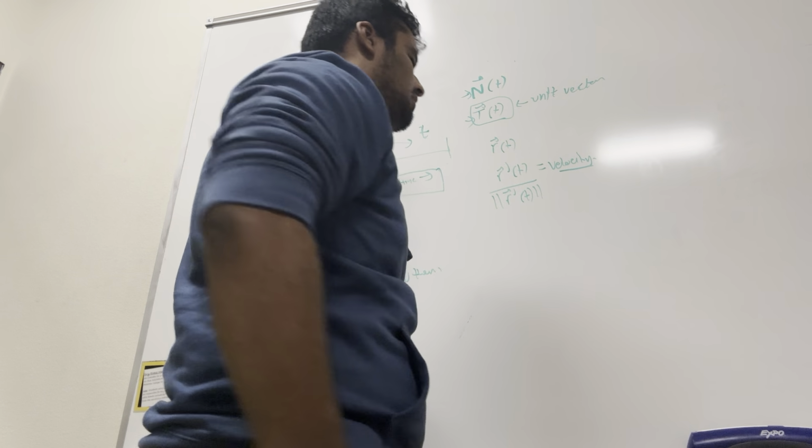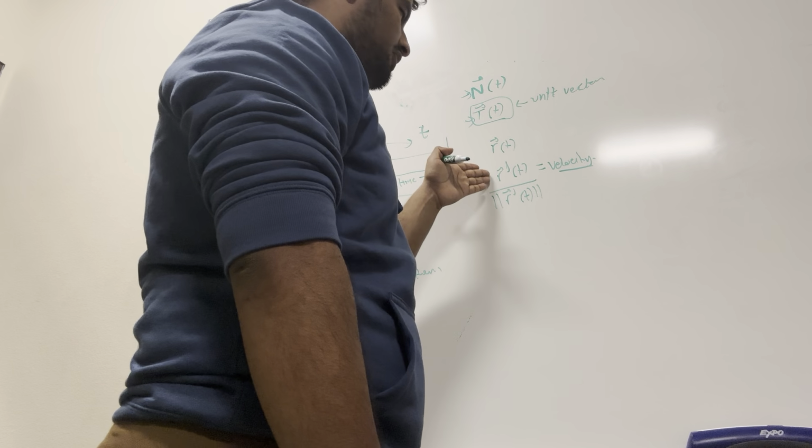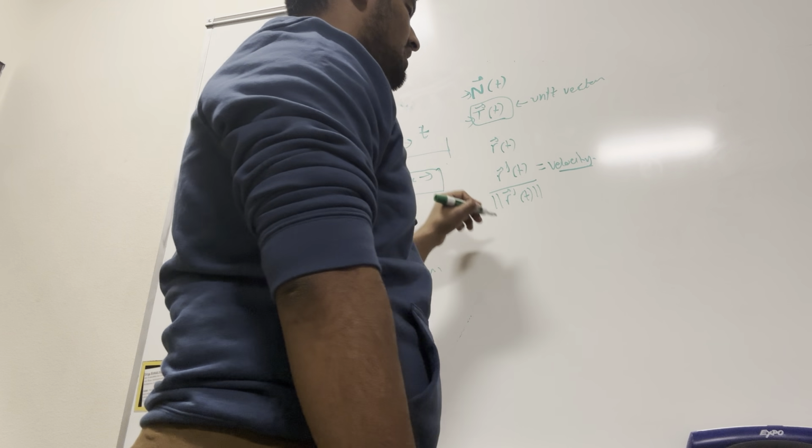But because we're talking about a unit tangent vector, we need to normalize this. So this is what we end up getting: the first order derivative of the path that we're taking divided by its own magnitude.